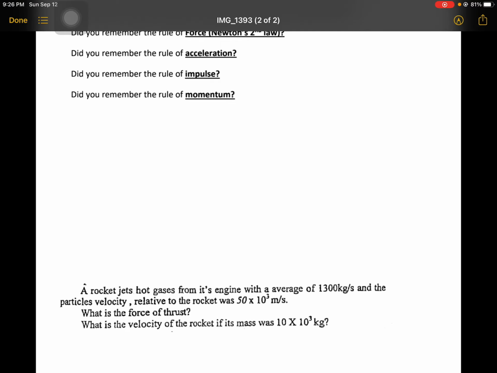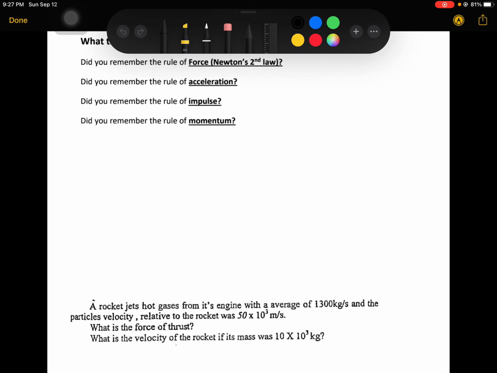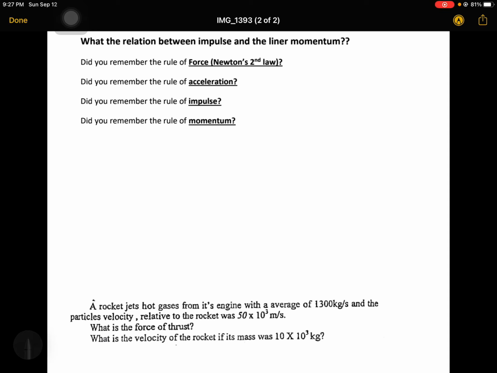If you remember Newton's second law, F equals ma, m for mass and a for acceleration.